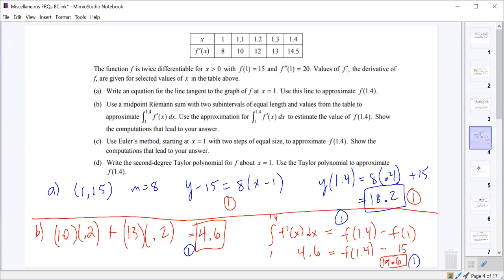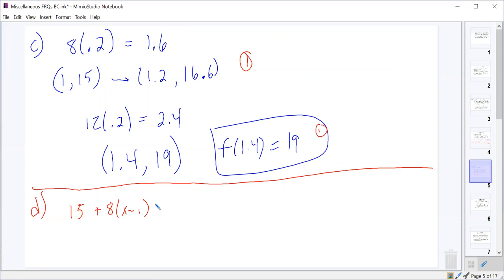They gave us 20 for that. So plus 20 times x minus 1 squared over 2 factorial, or just over 2. So then we're just going to approximate this at 1.4. So that'd be 15 plus 8 times 0.4 plus 10 times 0.4 squared.